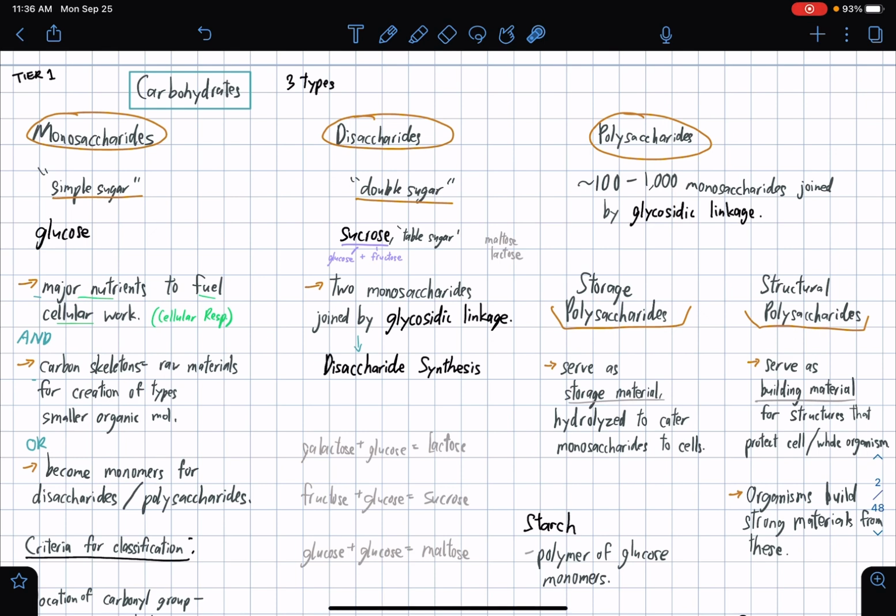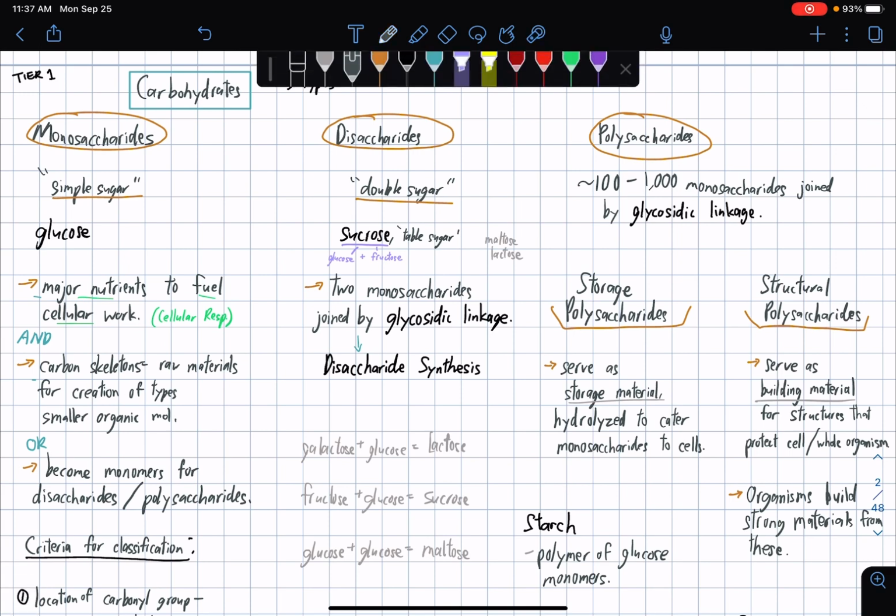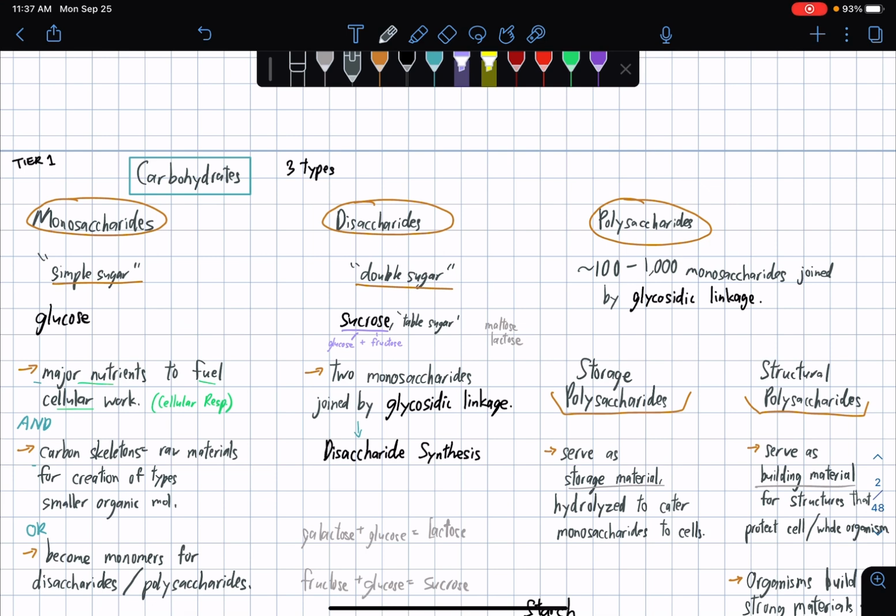In some textbooks, it might be apparent that there is another term called oligosaccharides. So let me explain. For monosaccharides, we have one, coming from the prefix mono.